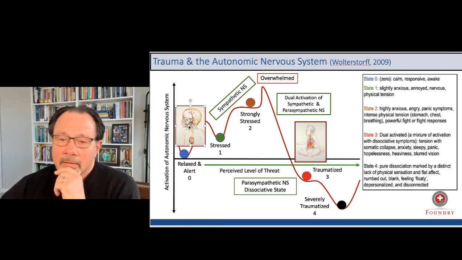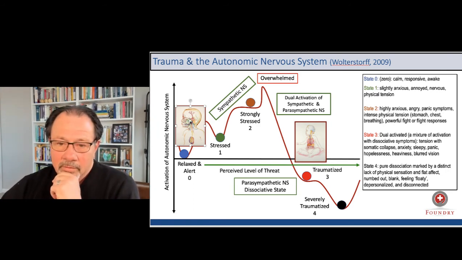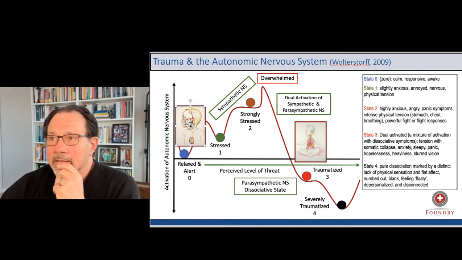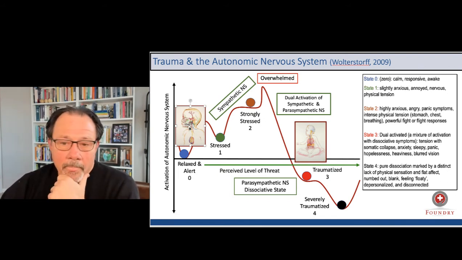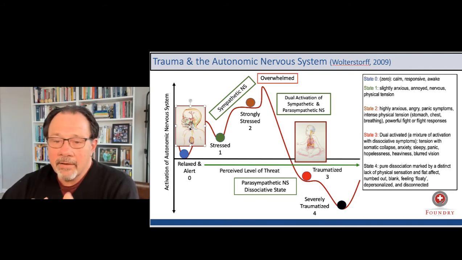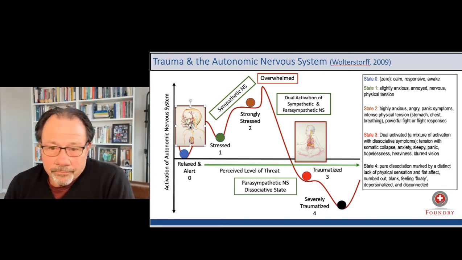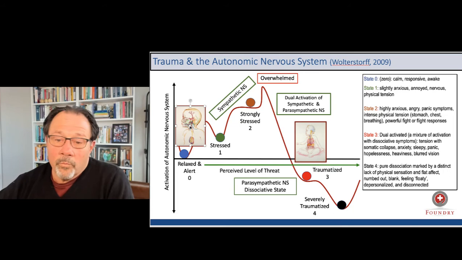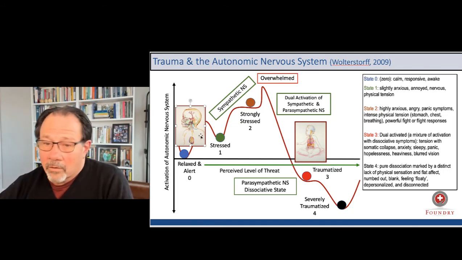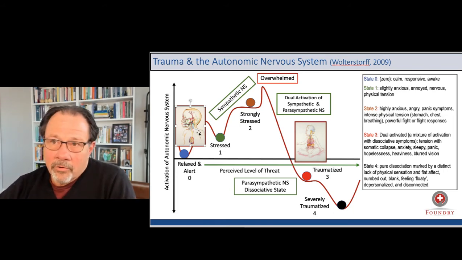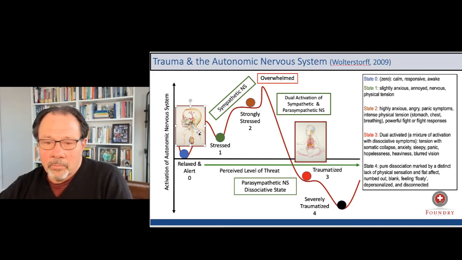The ventral vagus nerve's primary objective, from the time that we're born, is to assess the people around us to determine if they're safe or not. And if they are safe, then we are driven to be relational. So when we're relaxed, we have a much greater ability to connect to the people around us.